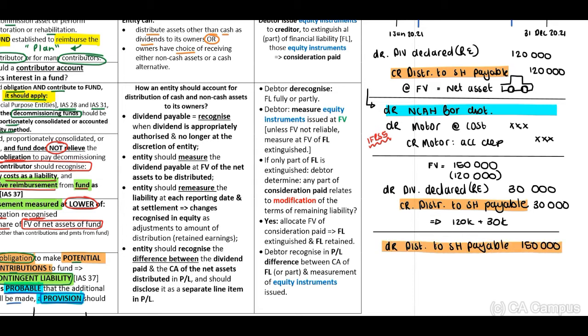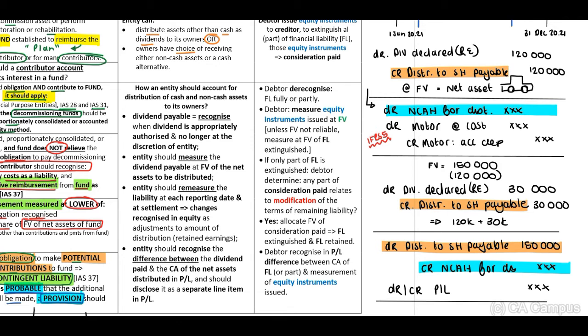We will have to credit our non-current asset held for distribution with the amount we have recognized in our previous journal, guys. We need to clear this line item. And if there is a balance left, we will debit or credit this in our profit and loss. And we need to disclose this as a separate line item.